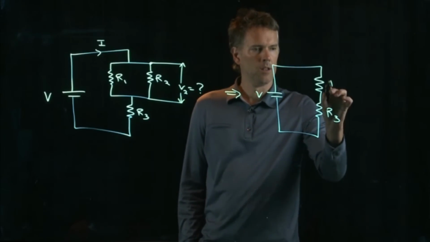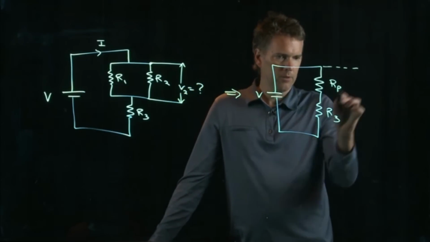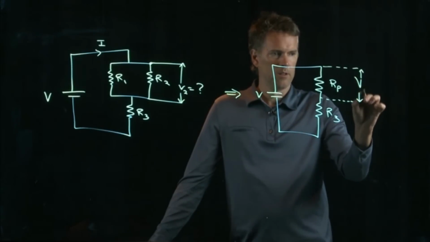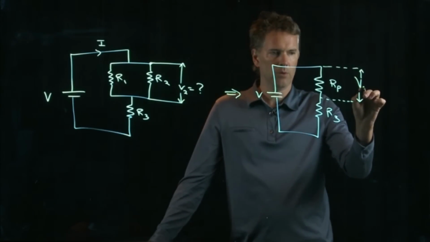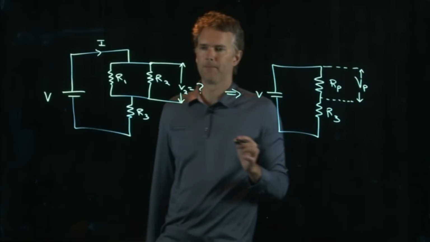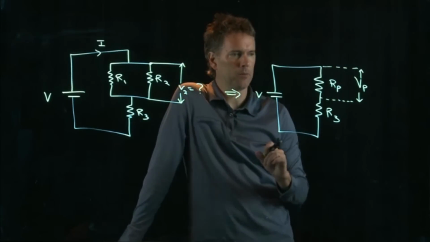R3, this is RP, and they want to know the voltage across that, which is V2 or V1, or we could just call it VP. Okay, but I know the voltage drop across a resistor.